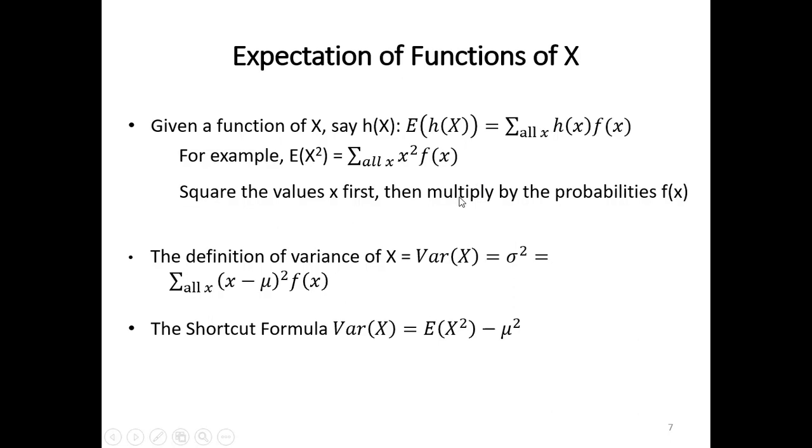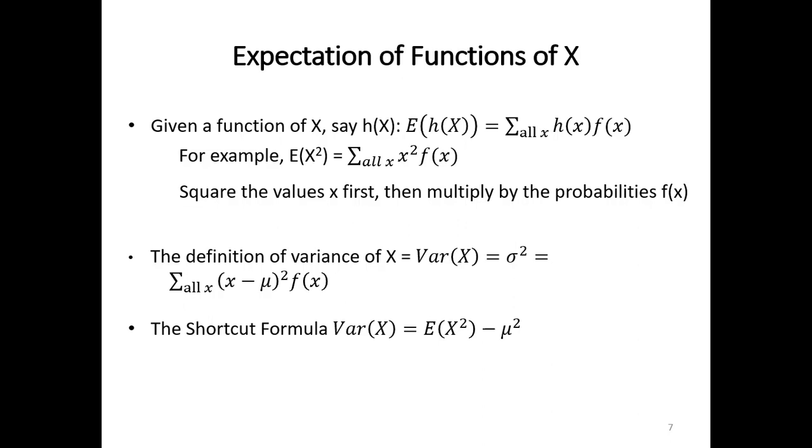So if we think of E of x as the mean, we could also talk about the variance of x. Here we might use this notation, VAR of x, or we could think of this as sigma squared. So we could define this variance as the sum of x minus mu squared times our probabilities f of x.